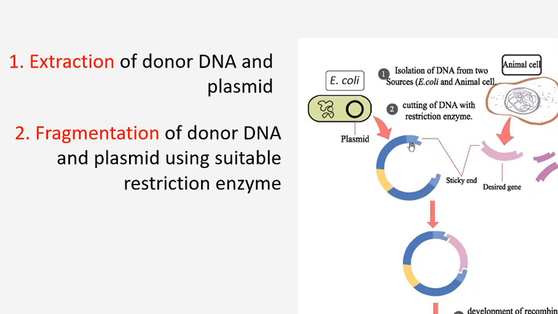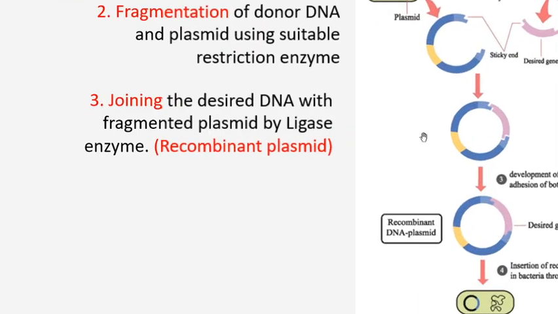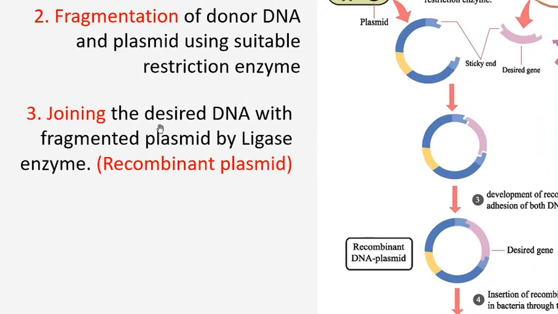So we cut this plasmid at a specific segment that makes an open space, so that we can stick the desired gene on the free space of the plasmid. That is done by using a suitable restriction enzyme. And then number 3, this process is called joining the desired DNA with the fragmented plasmid by ligase enzyme.